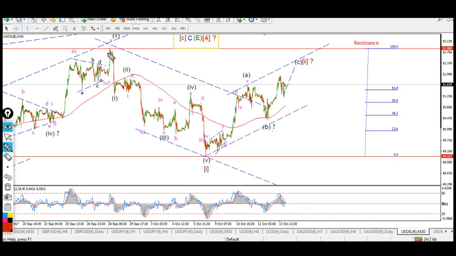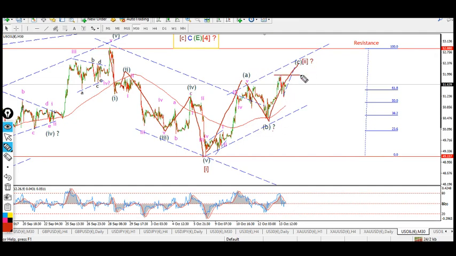I think we still best count it as a 5-wave pattern to the downside: 1, 2, 3, 4, and 5. And I think what we are seeing develop right here is A, B, and a C to the upside. So we'll probably threaten resistance there, 52 again, before the week is out.